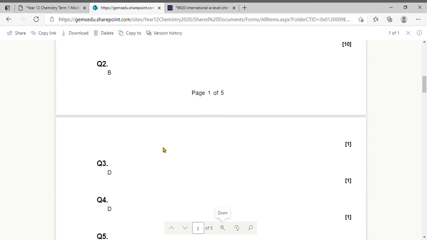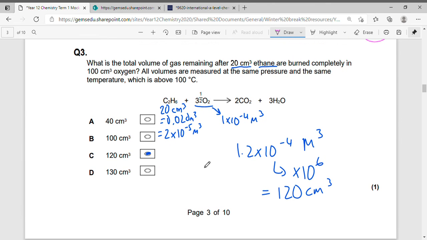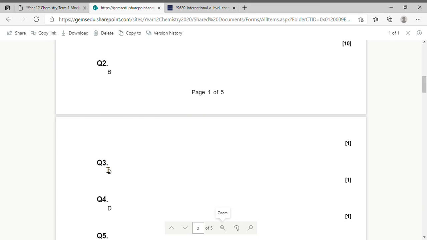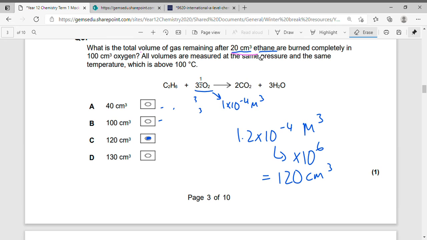And then here, I doubt this is right. Yeah, I thought so. Okay, so let's try and solve for 130 centimeters cubed. Now, it says here the total volume of gas remaining. In fact, let me just erase my working here, just because I think it's quite wrong.